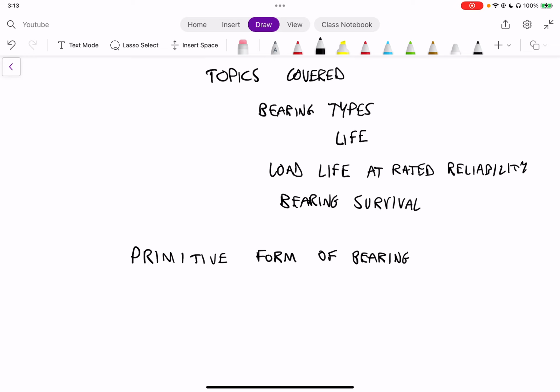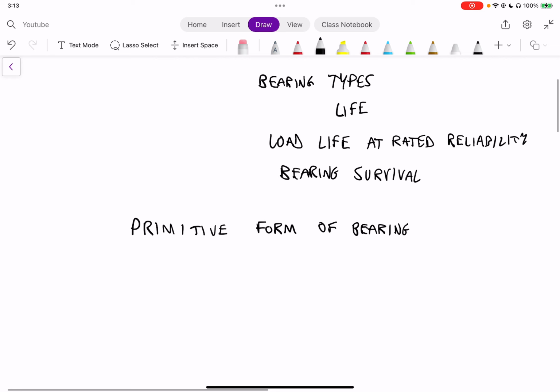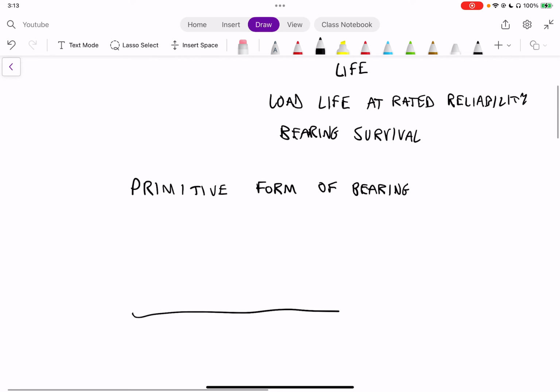came about, but one of the first ways in which humans used bearings was back when they would do construction. What they would do is they would line up wooden logs on the floor, and instead of carrying a piece of construction material or a stone or something like that, they would roll it on logs.